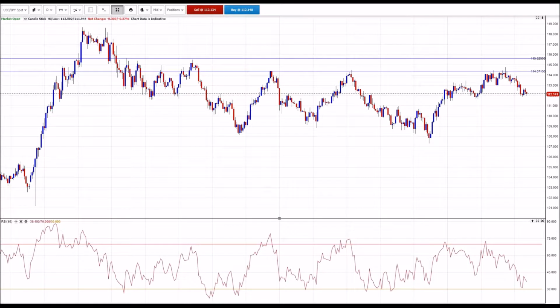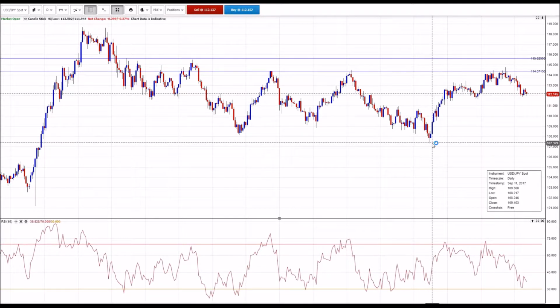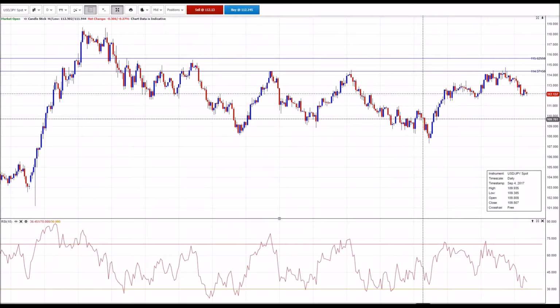I think it's also a good lesson in being patient. We had this rally in dollar yen from around 107 in September, rallying up above 114, so a 700-point rally. But look what's happened.